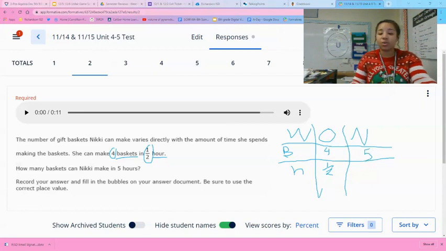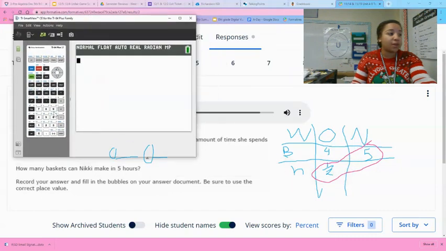So the first thing I'm going to do is cross multiply these two. I'm going to do 5 times 1/2. And 5 times 1/2, if you get your calculator, we can get our calculator out. If I do 5 times alpha x to get the fraction 1/2, it's going to give me 5/2.